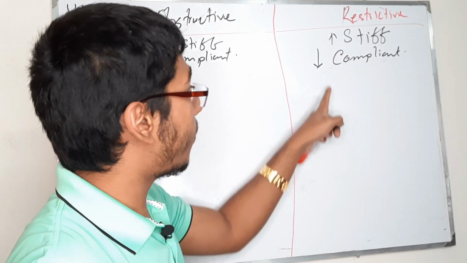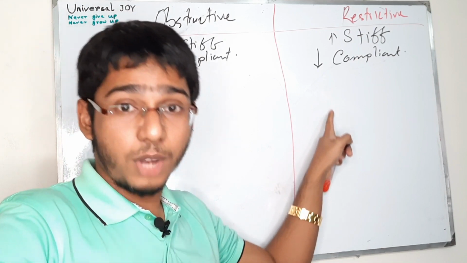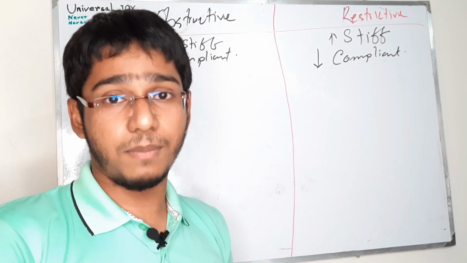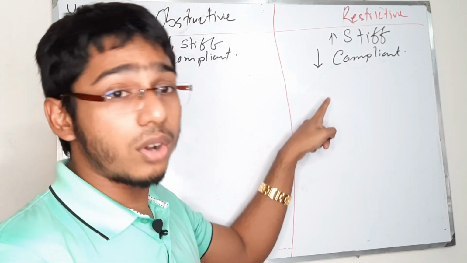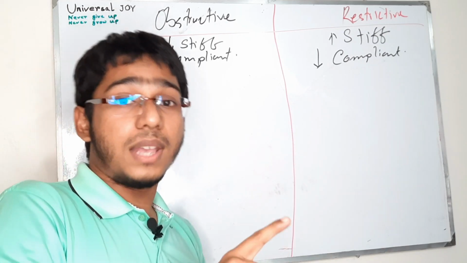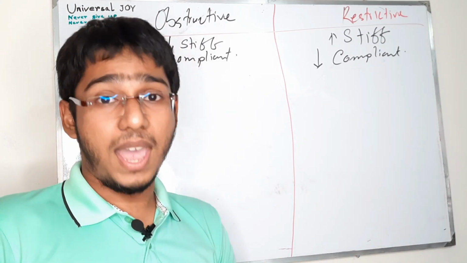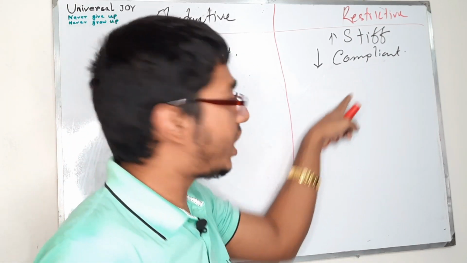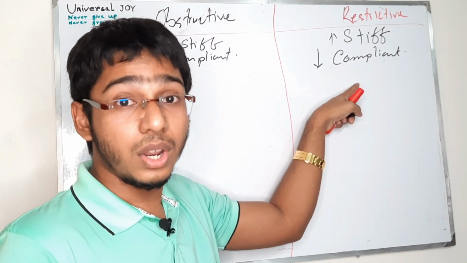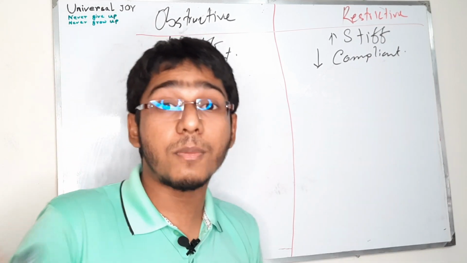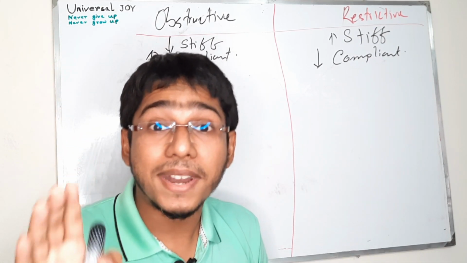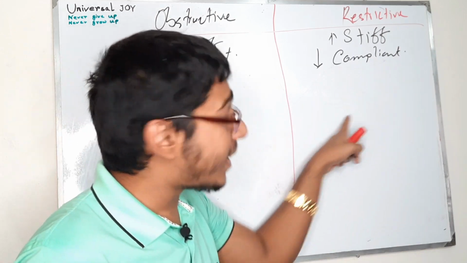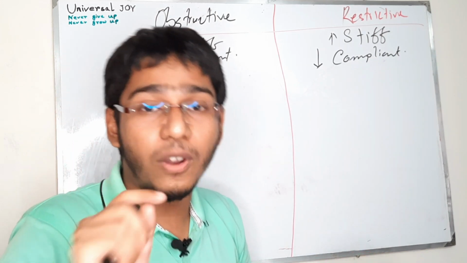That is the major reason we say it is an abnormality associated with parenchymal cells. We don't call restrictive disease an abnormality associated with airway disease. Restrictive disease is a pathological condition associated with the abnormality of the lung parenchymal cells, not with the abnormality of the airways.